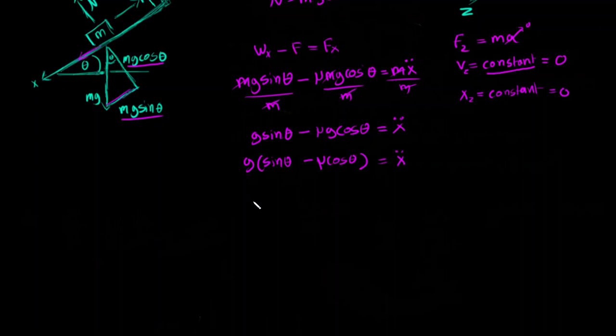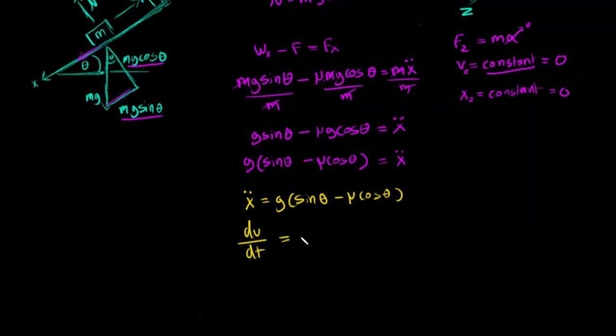So I'm going to switch colors. Okay, so let's rewrite this. So the acceleration is equal to g sine theta minus the coefficient of friction cosine theta, and that's it. Now we integrate this. Remember what acceleration is? It's the derivative of velocity with respect to time.